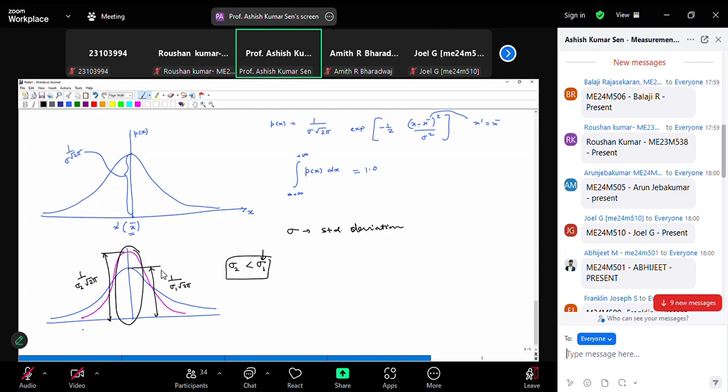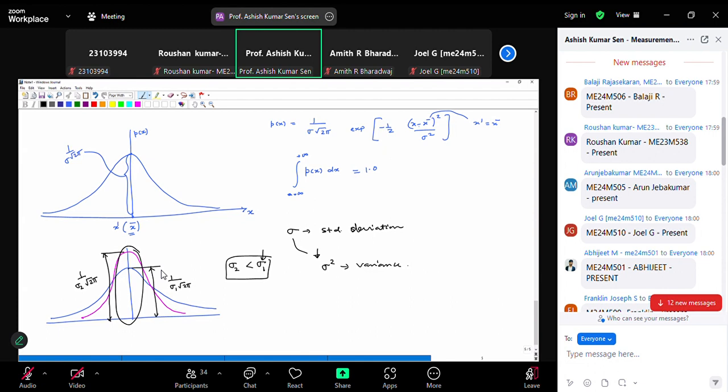So if you do some measurement, you expect the standard deviation to be as small as possible, because it will enhance the central clustering, the central tendency of the data. Sigma is the standard deviation, and sigma square is known as the variance of the data.